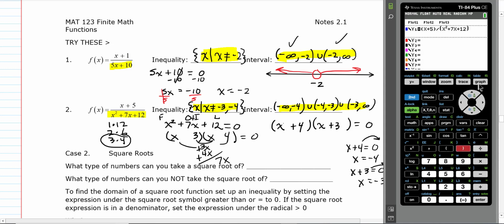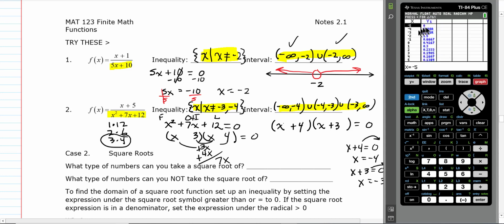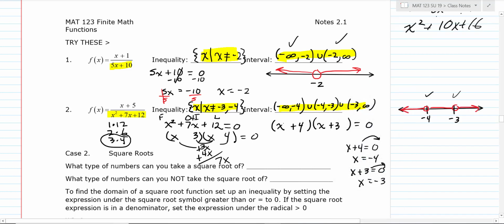So I want to just show you, if I do a graph, it's kind of hard to see on here, but there are 2 places where the graph breaks. One of them is at -4, the other one's at -3. If you do your table of values, you'll see those 2 errors popping up. So it's everything except those 2 numbers. All right, so we'll move on.